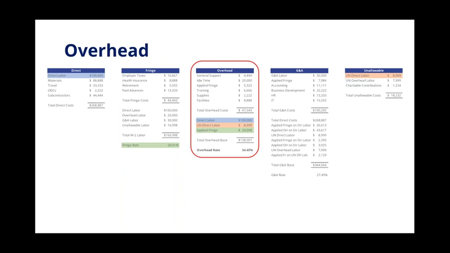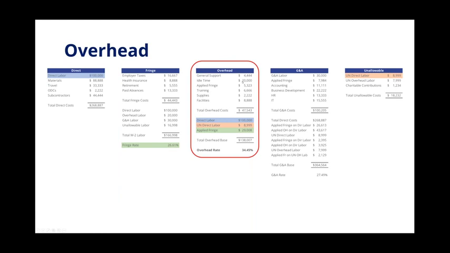My next pool for the math is going to be overhead. So I've got my overhead expenses up above. Important thing to note here, and actually I see that I should have added another green bar. So if you look at the top portion in the pool, my idle time or my overhead labor is $20,000. Notice that I have applied fringe underneath of that at $53.23.